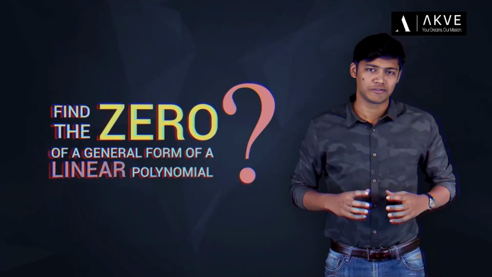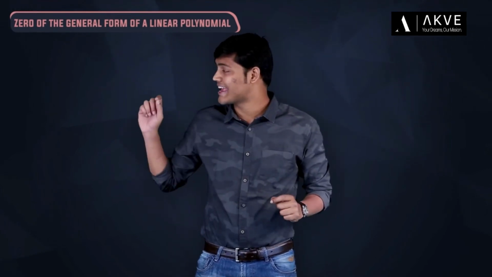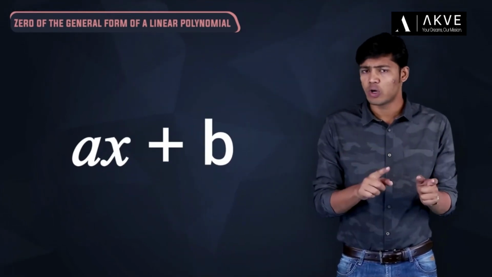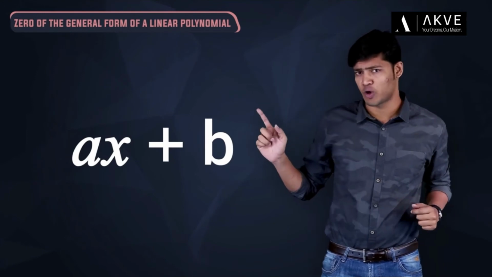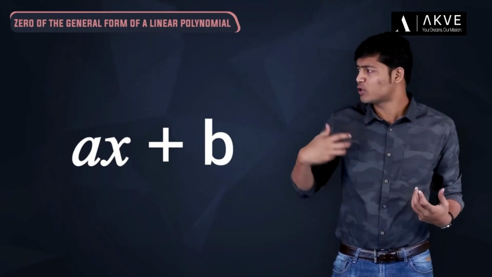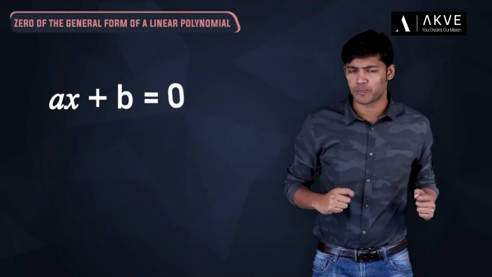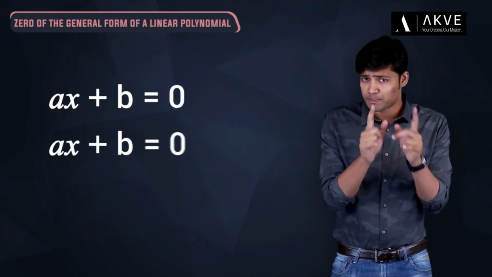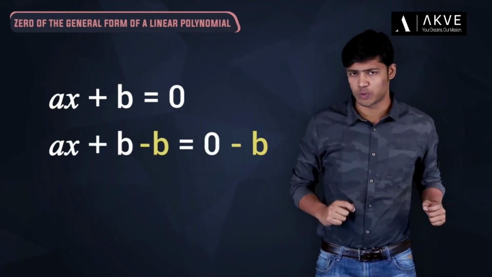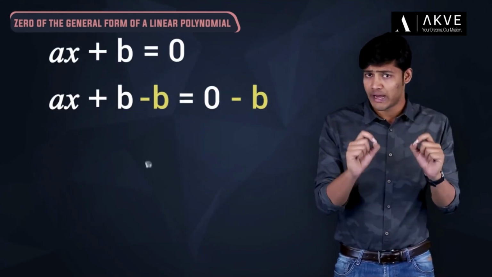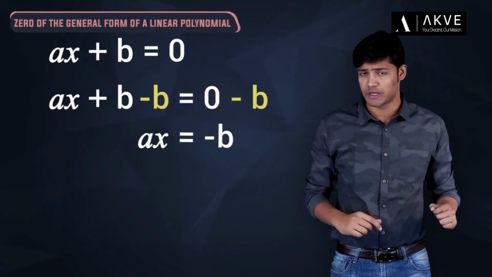So let's do it. We know that the general form of a linear polynomial is ax plus b. Now, to find the zero of this polynomial, we have to equate it to 0. So we get ax plus b equal to 0. Now, we subtract b from both sides of this equation, and doing so, we get ax equals minus b.